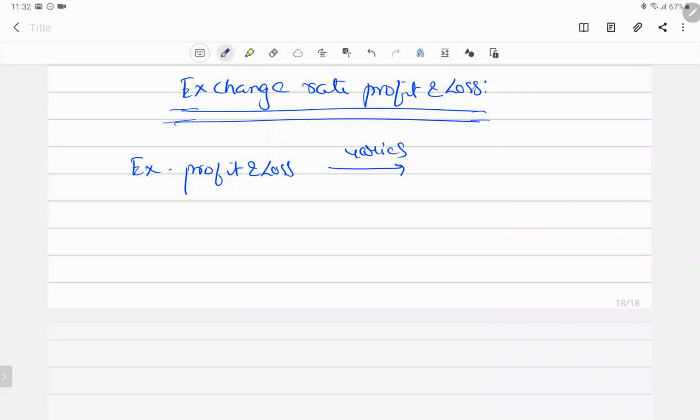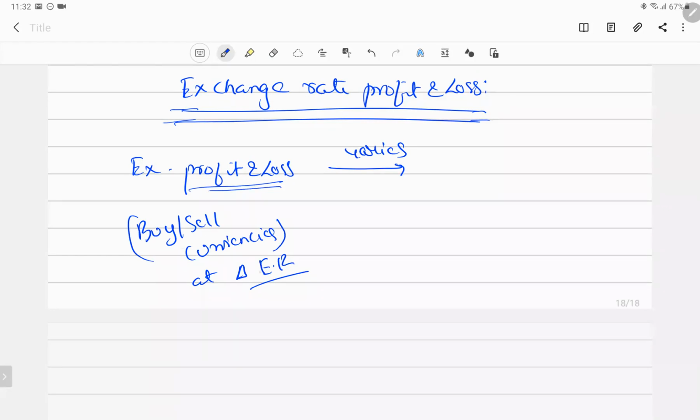The exchange profit and loss normally results from buying or selling currencies at a different exchange rate. So when we buy or sell currencies at a different exchange rate, definitely there is a result in profit or loss.